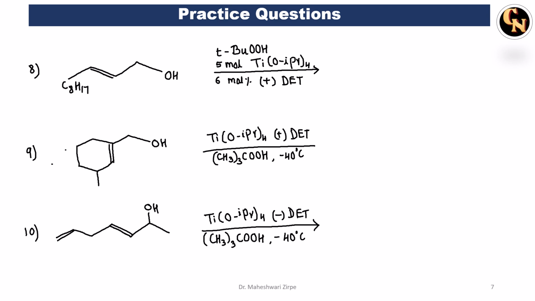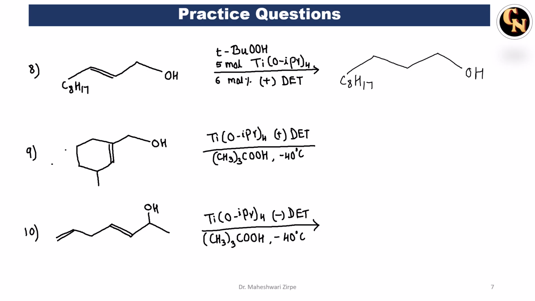Let us complete all these practice questions. So it is C8 and your OH group plus DET. So students, tell me where should the epoxide form, below the plane or above the plane? Where is the product you should get?